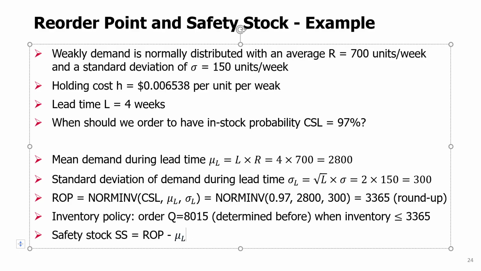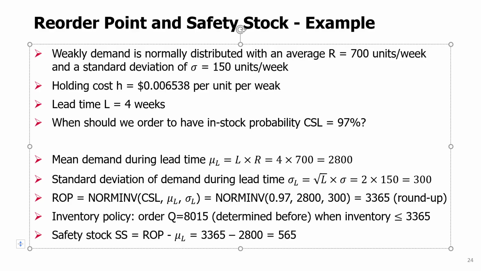Remember, ROP is trying to satisfy the demand during lead time, which on average will be mu L, but if it is higher, then we have the safety stock to cover, in this case, the excess. So it's 3,365 minus the demand during lead time given here. So that's minus 2,800, and that's going to be 565 units, right? So our safety inventory is 565.